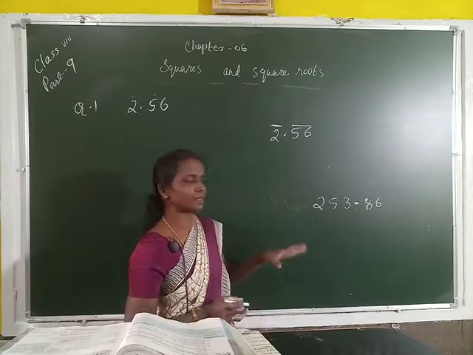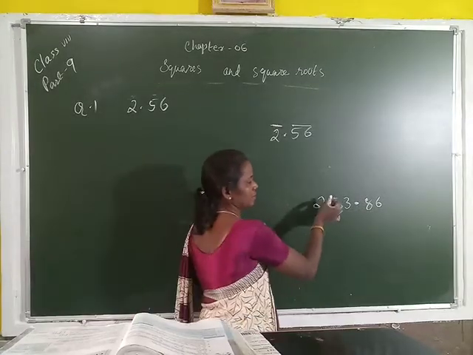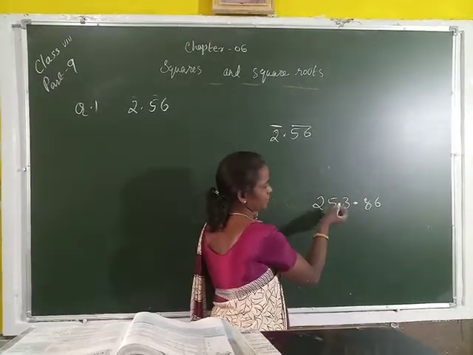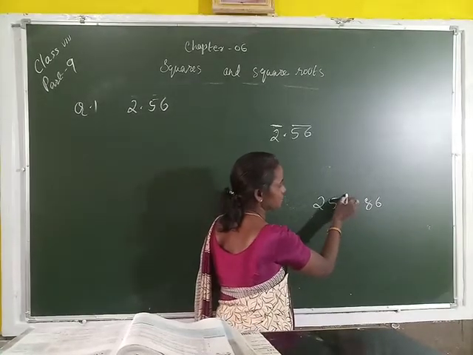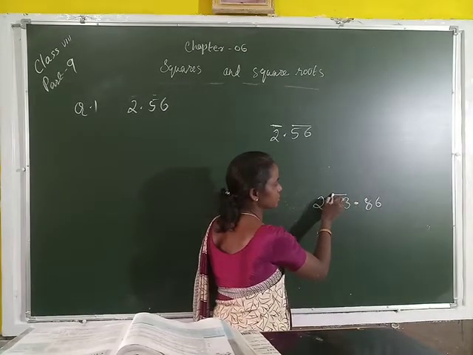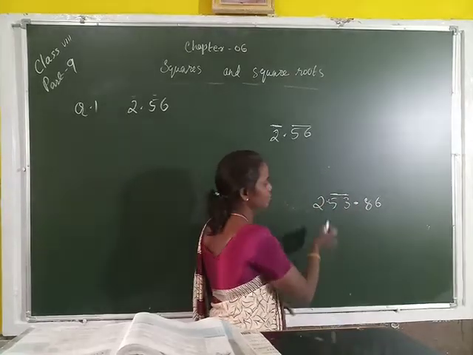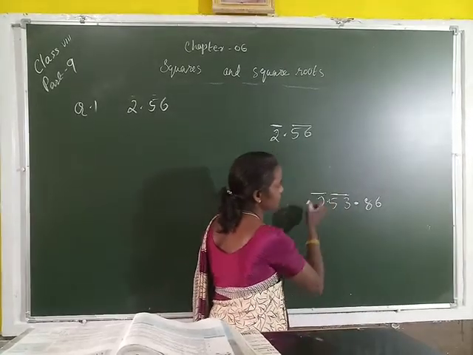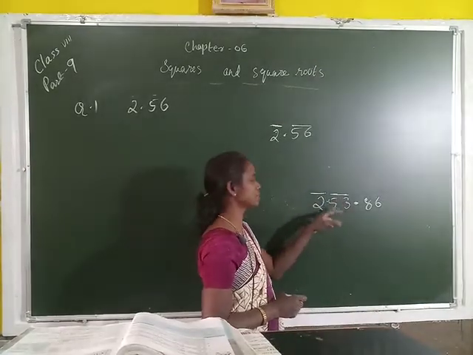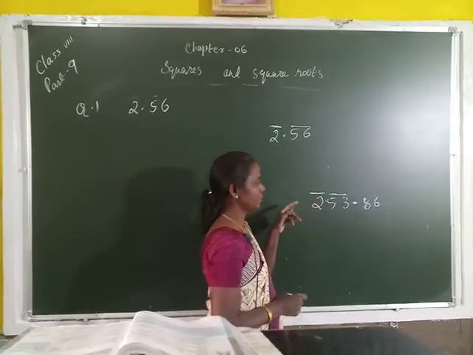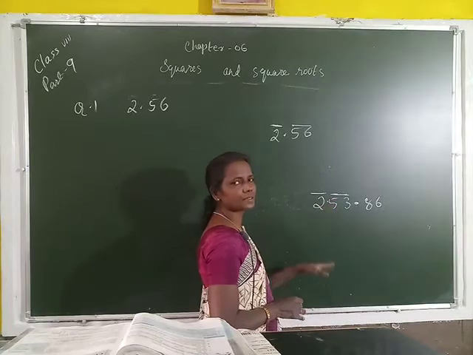First we put a bar on the integral part. What is the place? Look first. Then the second bar. The first bar contains 2 digits and the second bar only 1 digit. Is it clear?